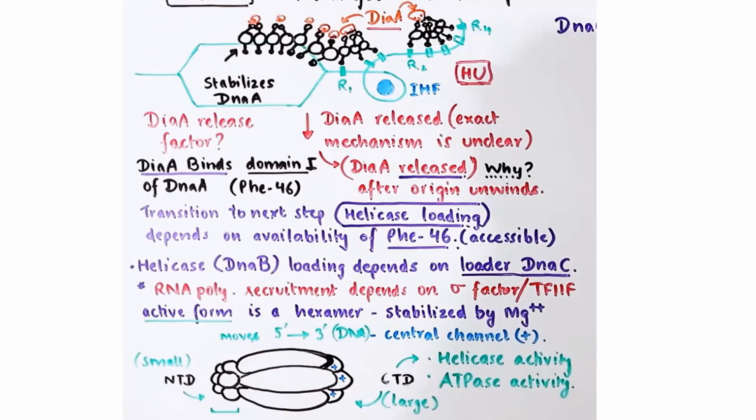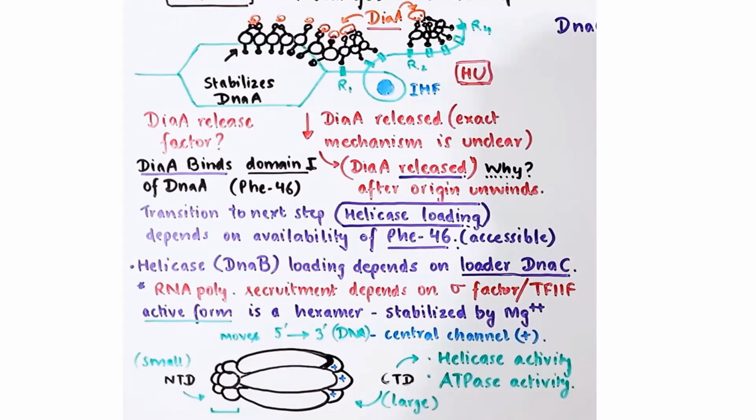Now the helicase, also known as DNA B in E. coli, loading depends on the loader protein called DNA C. This idea is similar to that of loading RNA polymerase at the promoter, which in prokaryotes depends on the sigma factors, and TFIIF in case of eukaryotes.